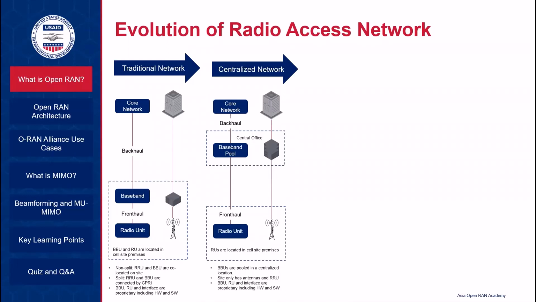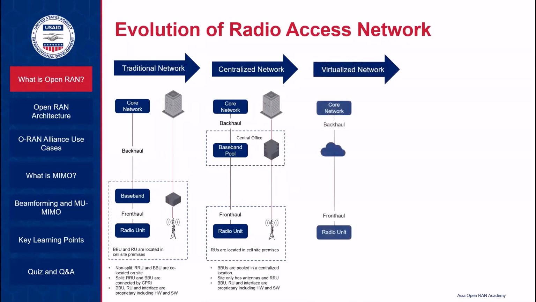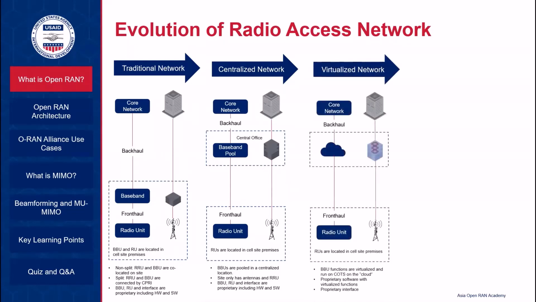And then later on, yung ating mga baseband ay virtualized, no. So meaning yung functionality ng baseband are virtualized, and then we are now using COTS, no, or commercial off-the-shelf servers, no. Hindi na yung mga proprietary baseband natin na ginagamit previously.